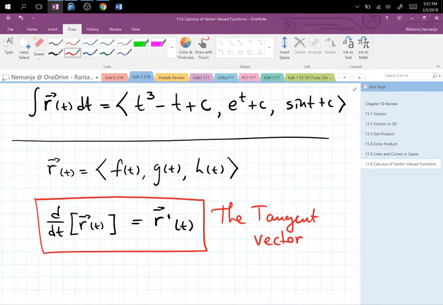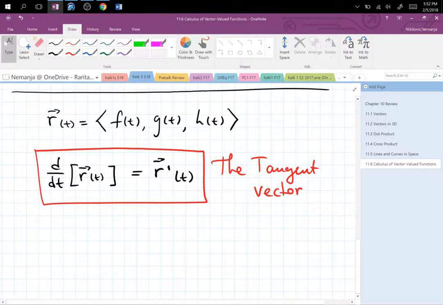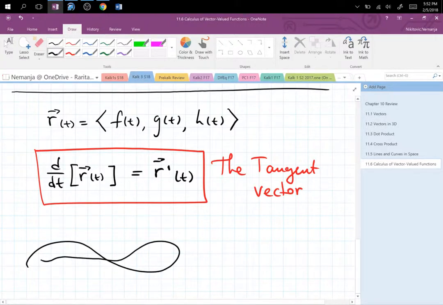And if you have a space curve of some sort, it doesn't matter what the space curve is, you are going to have a tangent vector r prime of t which sits on the tangent line.